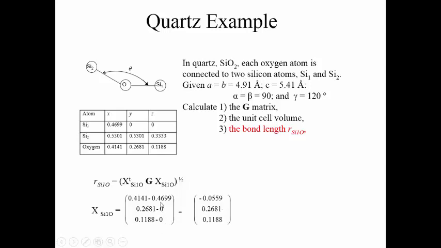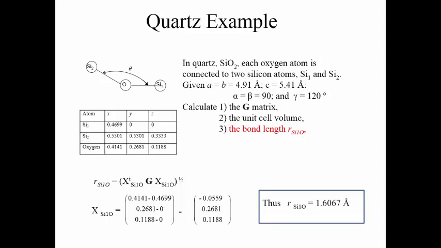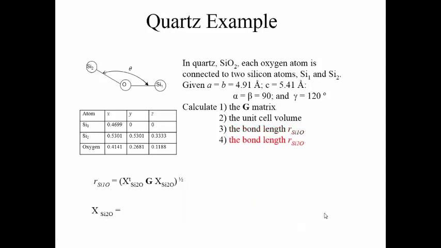When we go through that calculation, we substitute this value for x up into here, and we get our Si-O bond length is 1.6067 angstroms.